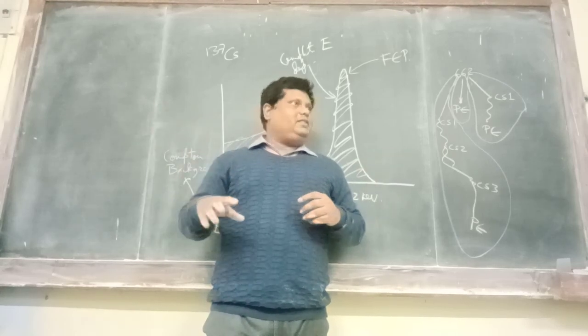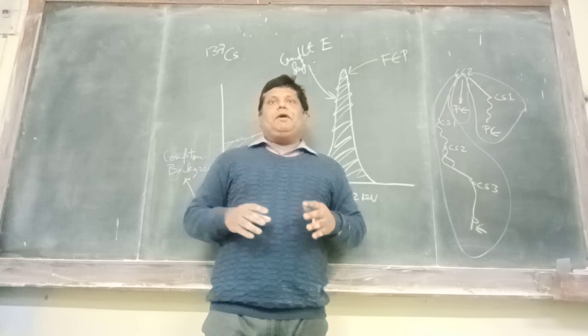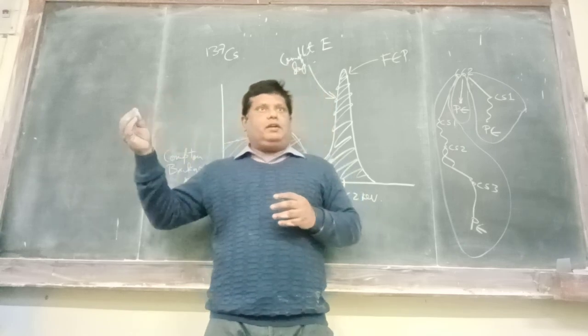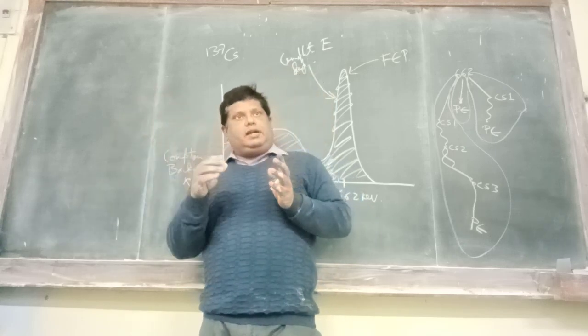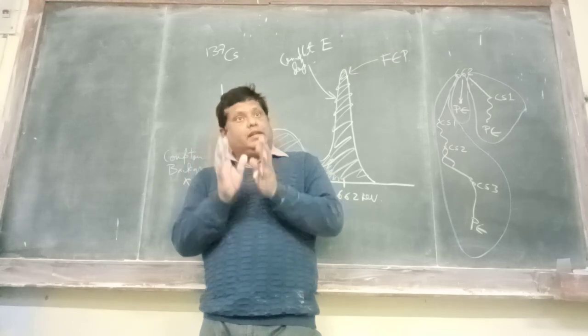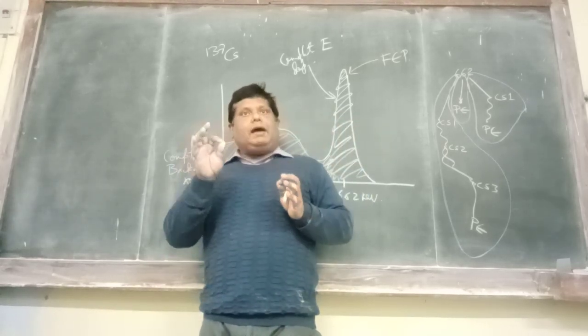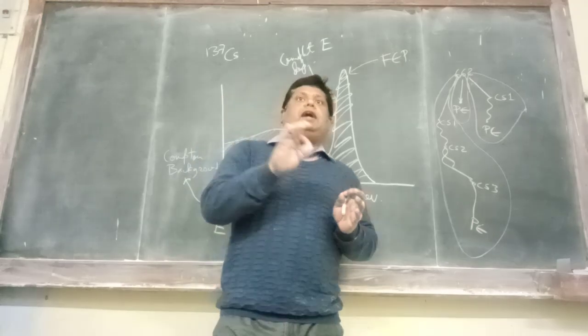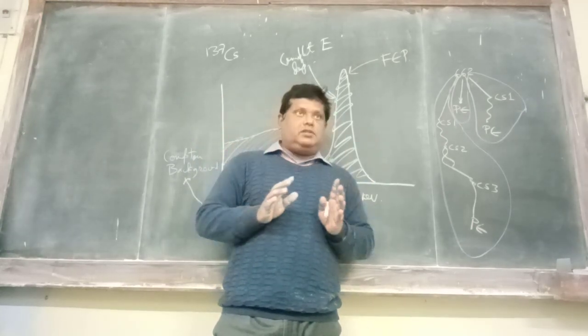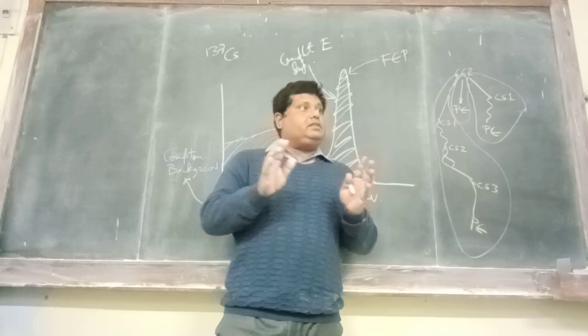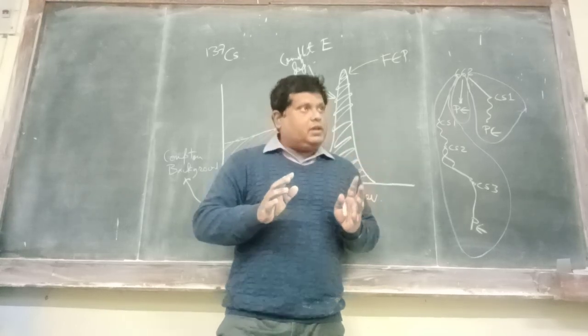If that happens, then there is something fishy going on. But whenever a gamma ray enters and interacts with a detector medium, by detector I mean active volume, the number of charge carriers produced is never fixed. It varies, it fluctuates.